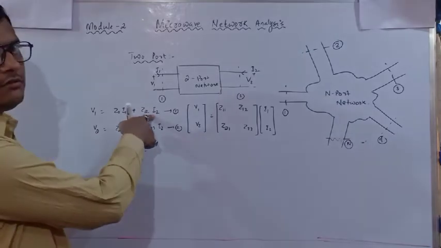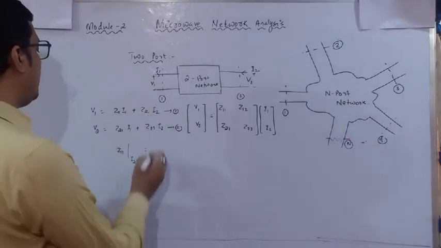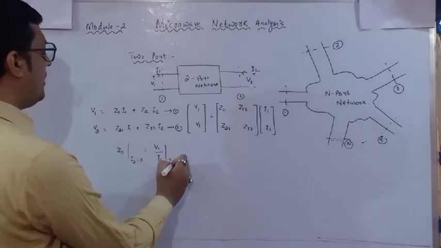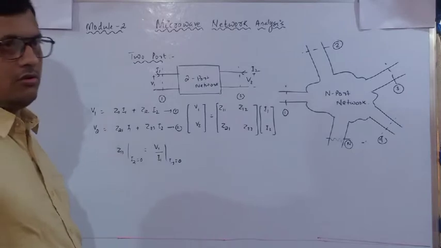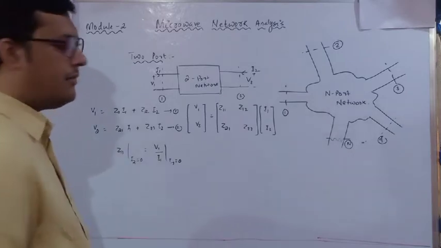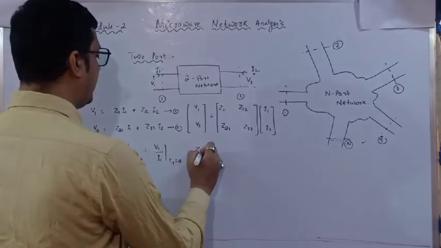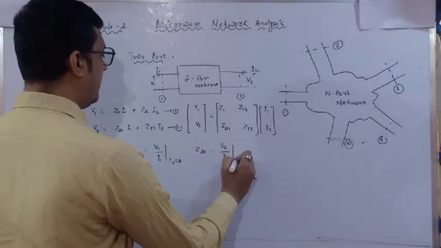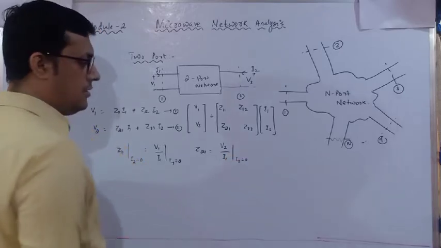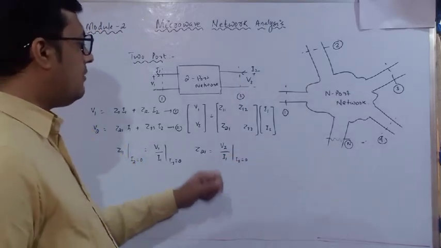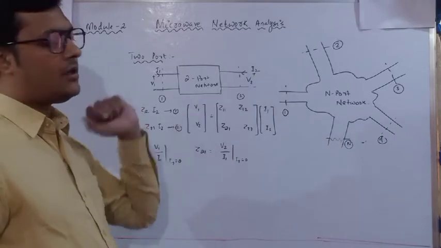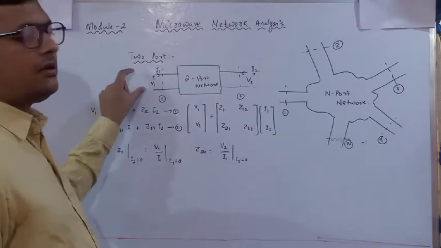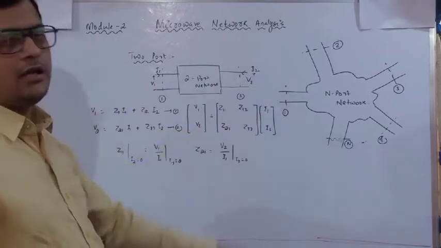If you substitute I2 as 0, you will get Z11 equals V1 by I1 at I2 equals 0. Okay, this is the Z11 parameter. Similarly, Z21 you can determine as V2 by I1 at I2 equals 0. If I2 is 0, no current is available at port 2, but V2 is available, meaning due to the potential V1, some potential drop will be there at port 2.